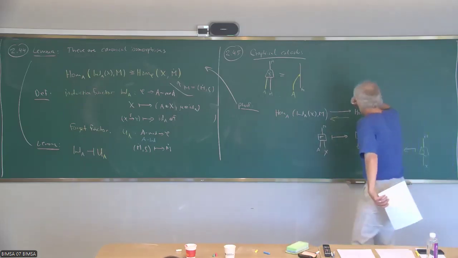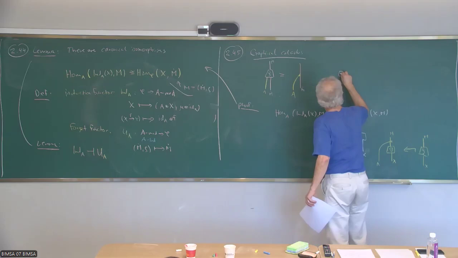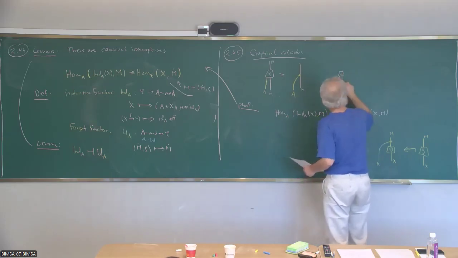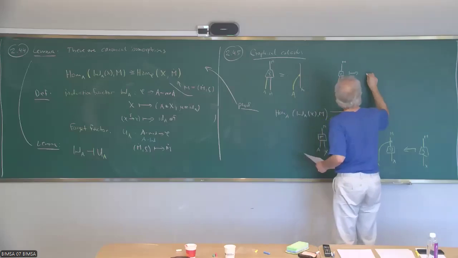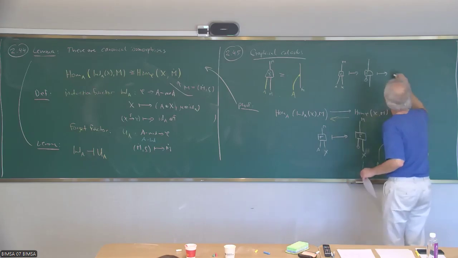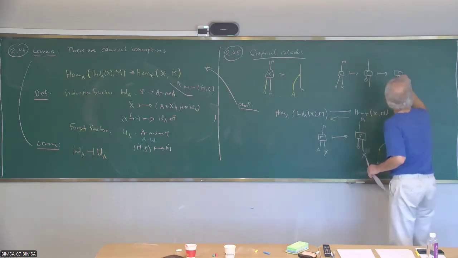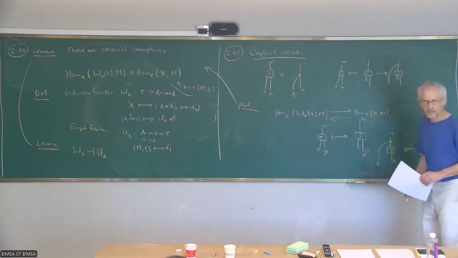So in one direction, if we start like that, we have A, X, M goes to this, and then we have to add to this A line.